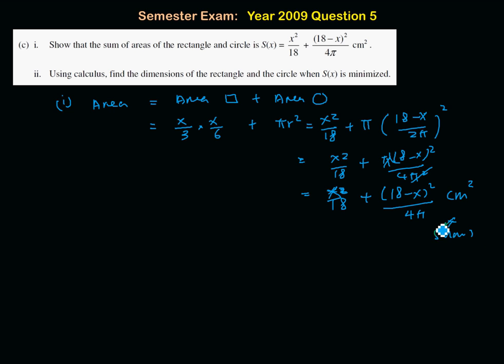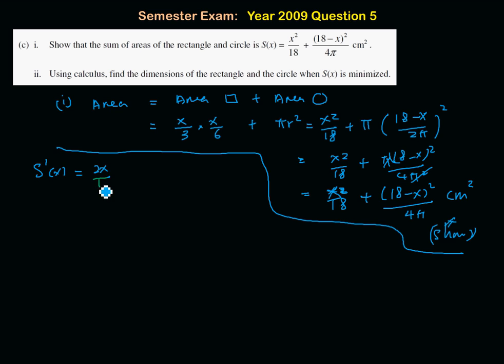Now, as you use a calculator, there will be no choice but to differentiate this. So you have to differentiate S of x to get S prime of x. You will get 2x over 18, and here you will have negative 2 times 18 minus x over 4 pi.